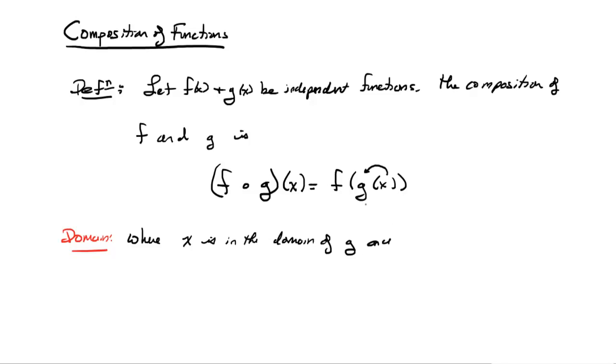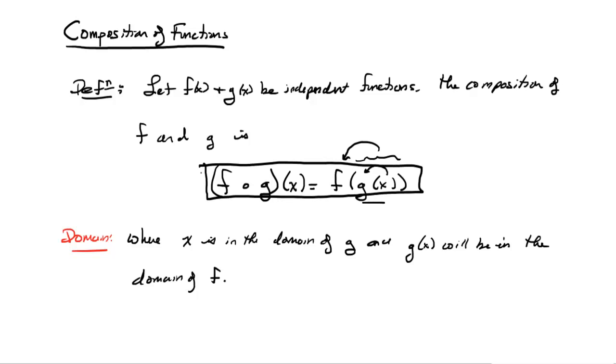And g of x, this whole thing, will be in the domain of f. For right now, it's not that important for us to understand the domain part. I'm going to do a second video on recognizing the domains, but right now we want to make sure that we can apply the definition of the composition of two independent functions. So let's try an example and see how we do.